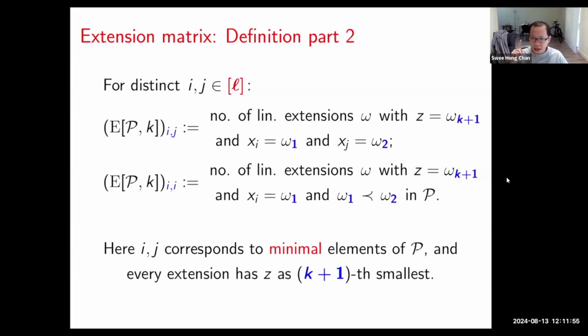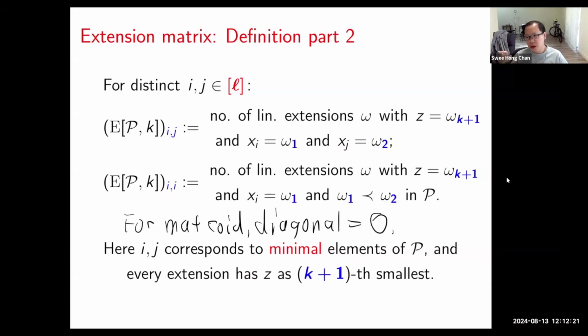What is important here is that the diagonal elements, the ii entry, is the number of linear extensions such that xi is equal to omega 1, and omega 1 is strictly less than omega 2 in P. Remember that for the case of matroids, the diagonal is always 0. This is because a matroid is in a way a commutative object, where there is no order involved.